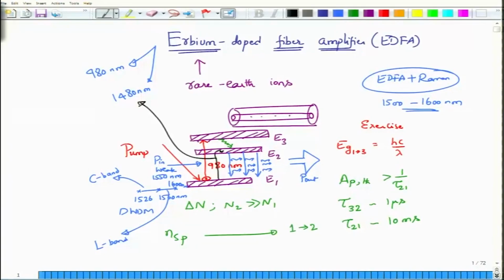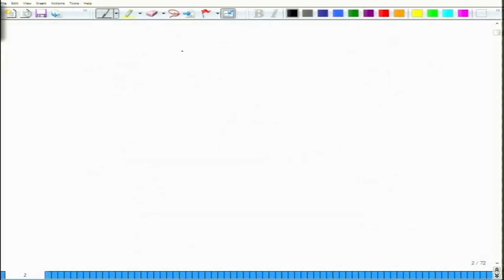So, why don't we use 1480 nanometer? Well, we do use 1480 nanometer in situations where, let us say, I have a span of fiber here, and then I have an erbium doped fiber amplifier at this position. So, let us say the fiber is about 2 to 10 kilometers, but the erbium doped fiber is located here and I do not have access to this amplifier.